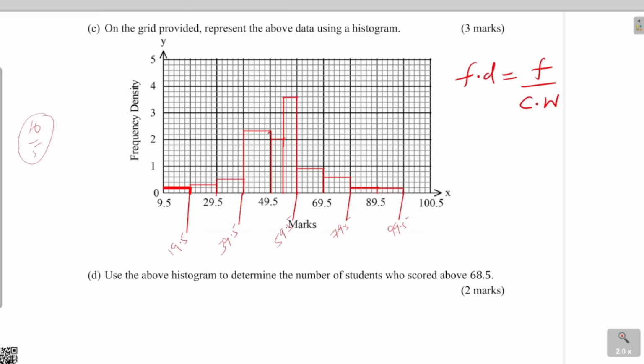So after I've done that, we can shade this so that it can be seen properly. The first one is there, then the second one, the third one.